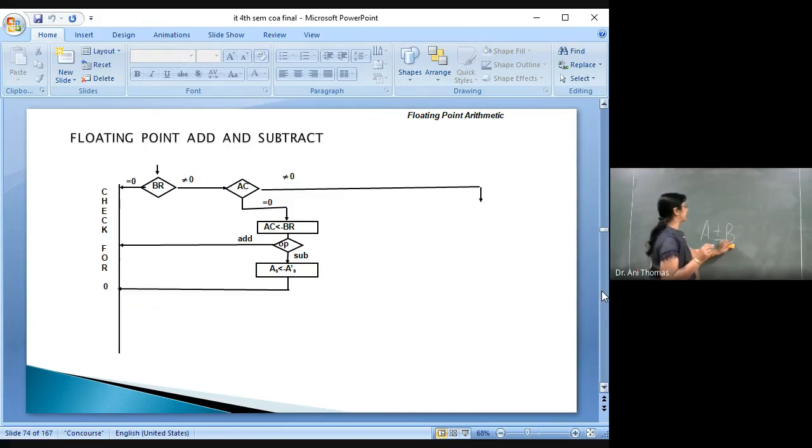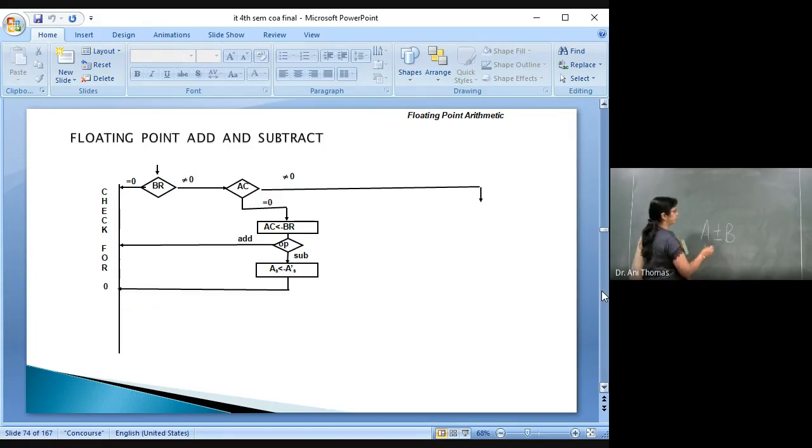In the case B is not equal to 0 and A is 0, our equation becomes 0 plus minus B. So what we have to store in the result, in the case of addition, is plus B, and in the case of subtraction, we have to store minus B as the result.